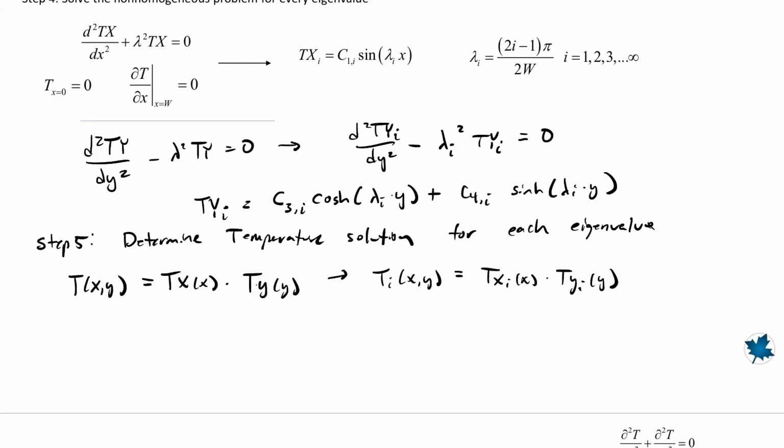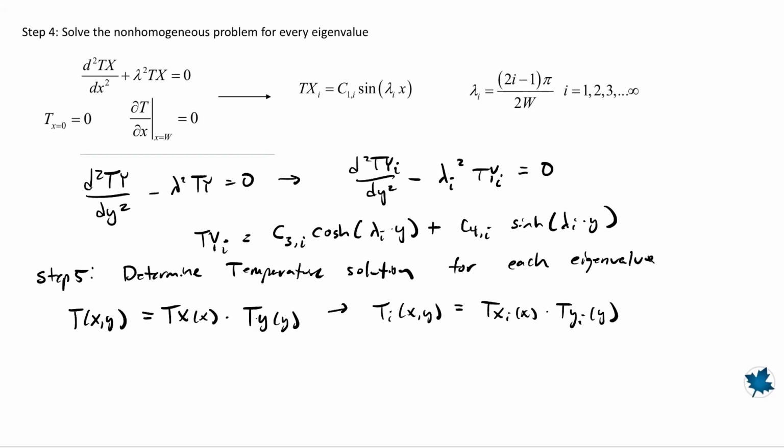So if this is true, we've already solved up here for Tx. We just solved here for Ty at the ith lambda value. So we can just put them together, right? And we end up with Ti is equal to C1i times sine of lambda i times x, times what is our Ty expression?